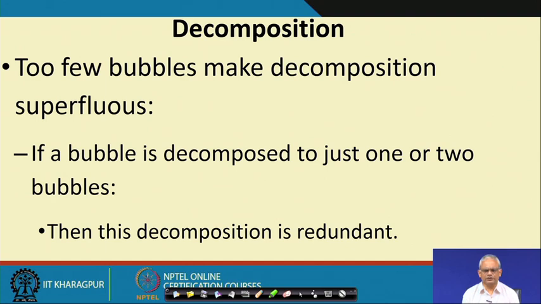It should not be decomposed into too many bubbles, because that will make it difficult to understand. The hierarchical nature will be lost and each level will become too much detail and difficult to understand.